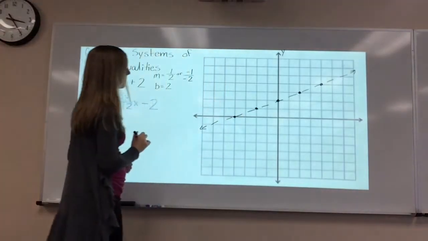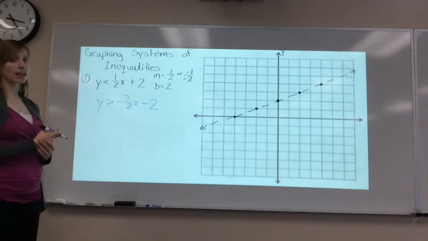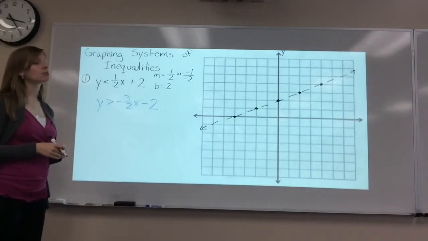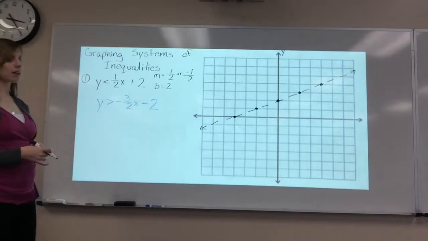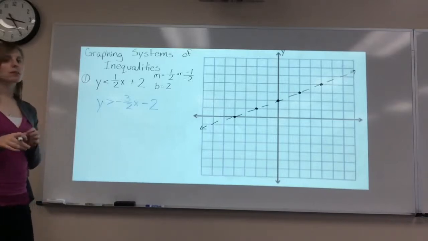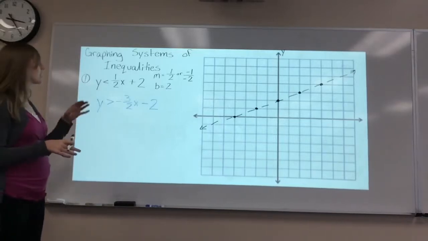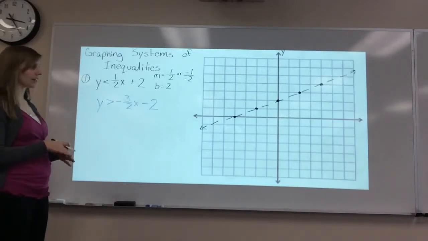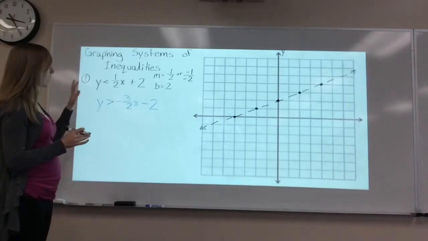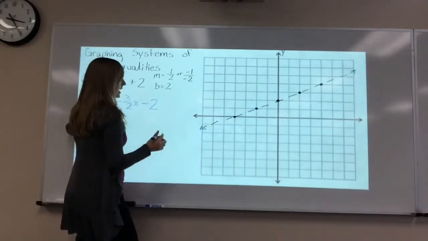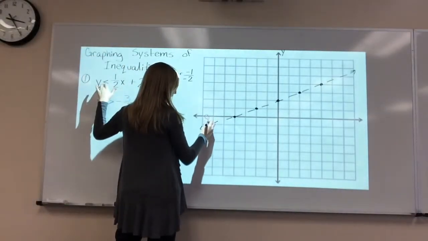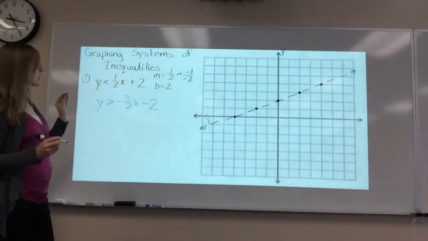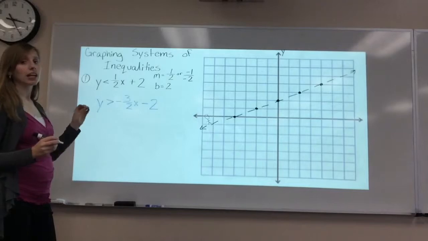Okay. We also must have shading for an inequality. Now, when you do your shading, please do so lightly, because we're actually going to be looking for the space that the two inequalities have in common, so it would be really helpful to do this very lightly. So this is a less than symbol, so I'm going to put my person on my line and think, okay, if it's less than, if it's eating the equation, that means I shade the grass.